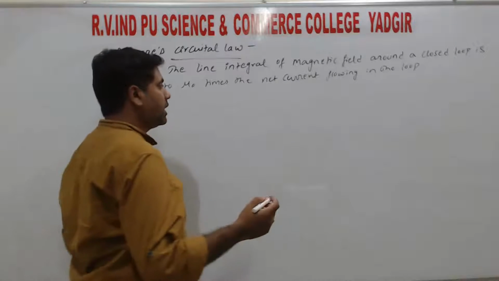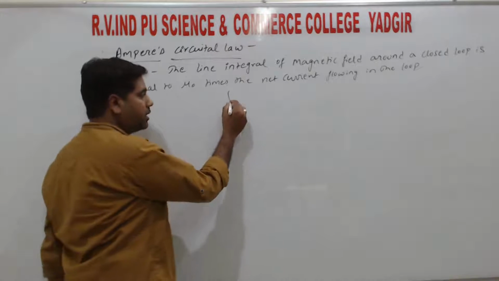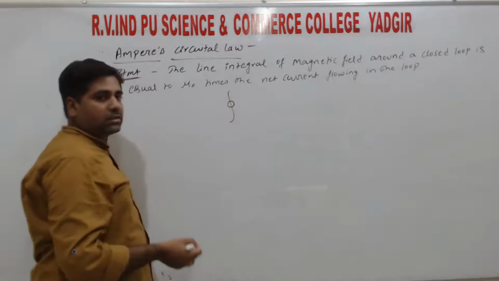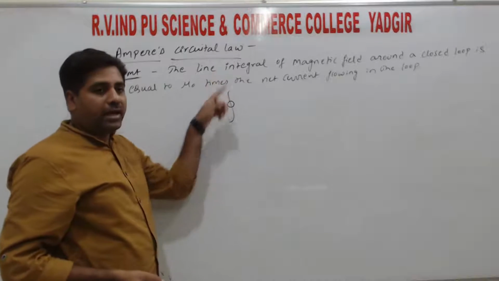Now in mathematical form, this is the integral symbol. The line integral is denoted by one circle on the integration symbol; it represents the line integral, right?